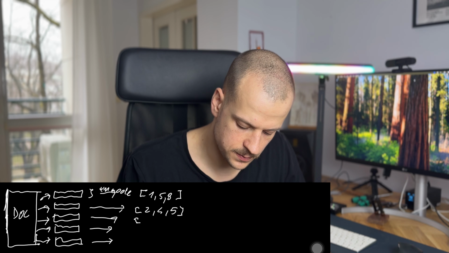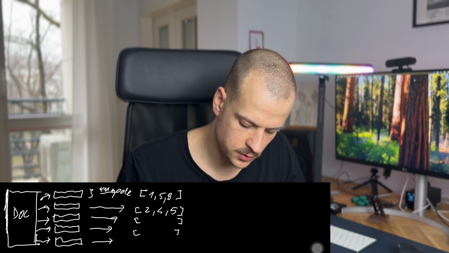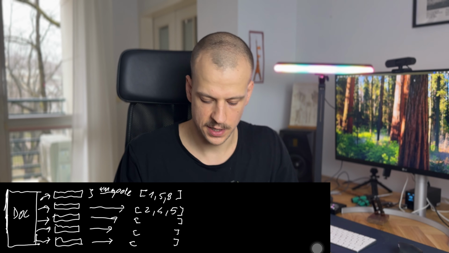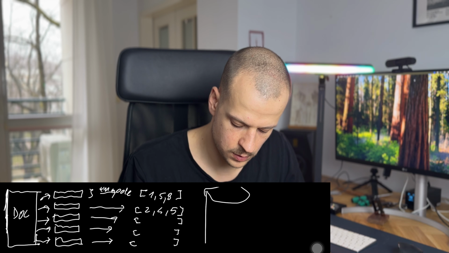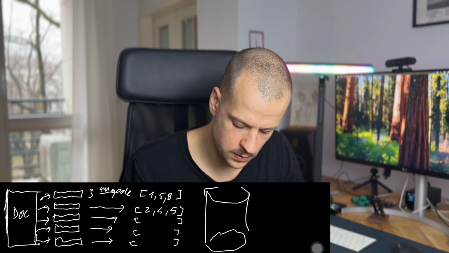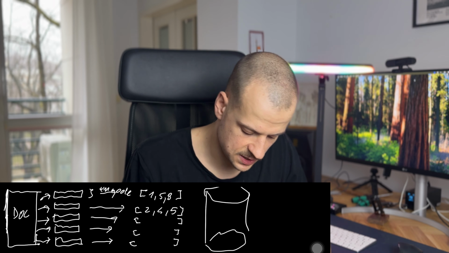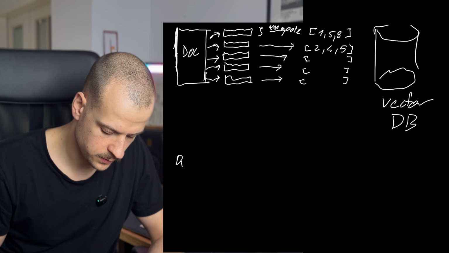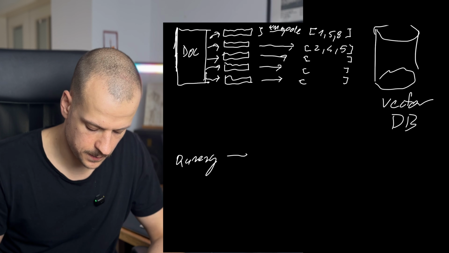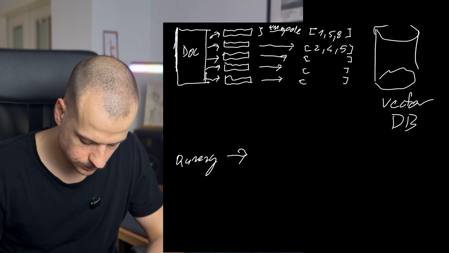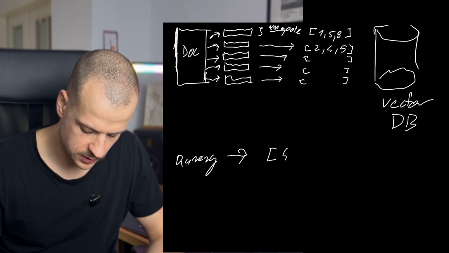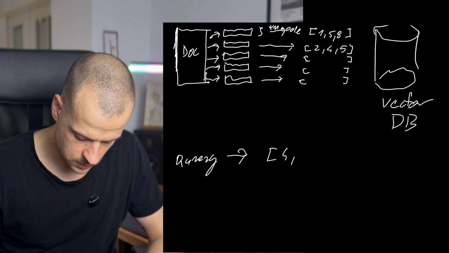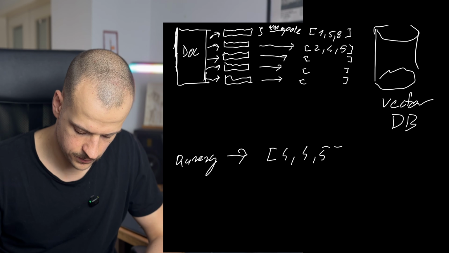And it happens for each chunk. And then we store these vectors in our vector DB, okay? So what happens now is that the user creates a query. The query is being embedded as well into, you guessed it, a vector. So it's 4, 4, 5, all right?